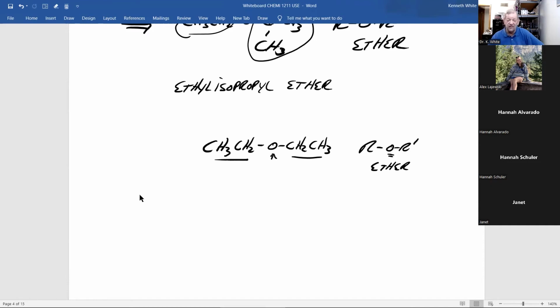So I'll name each R group. That's an ethyl. That's an ethyl. There are two of them. How do we say two in organic chemistry? Di. So this is diethyl ether.